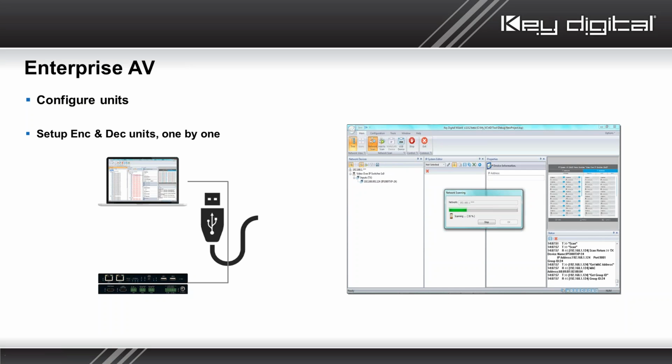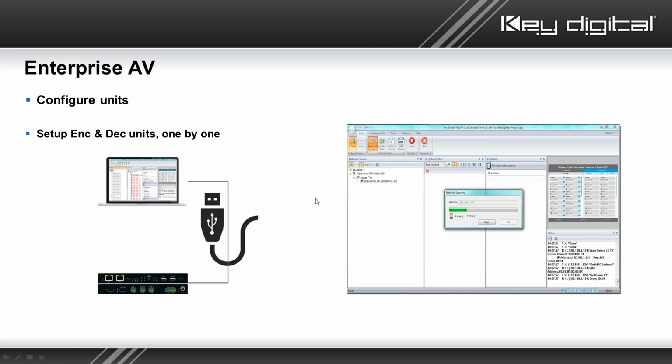Otherwise, it could be a little overwhelming to see all these units and not know which one is which. So you do set up your units one by one. We describe the process in the owner's manual using USB, just because it is easier that way. You do a scan of your devices, and you find your device that's connected.